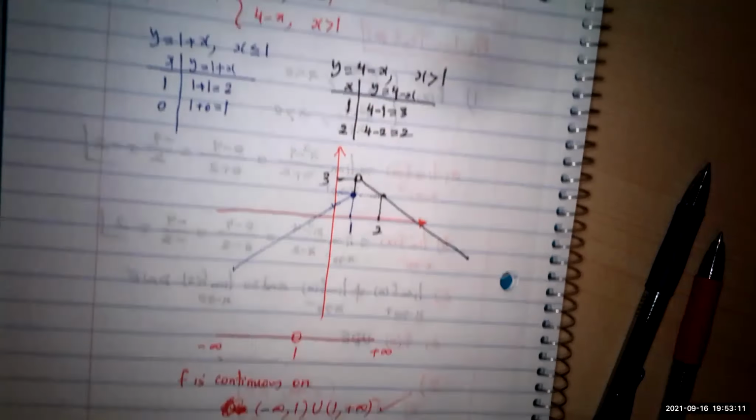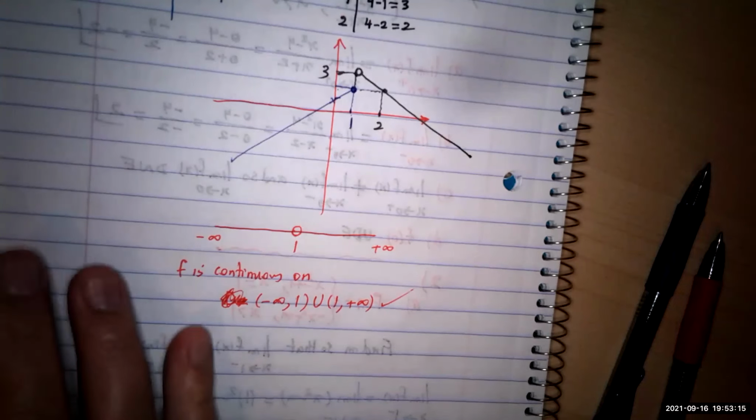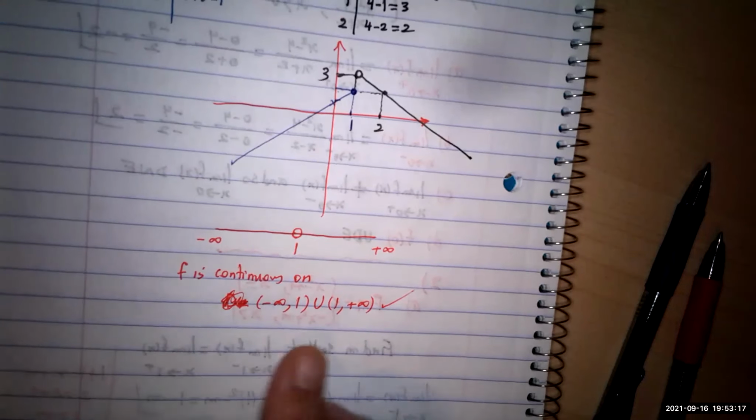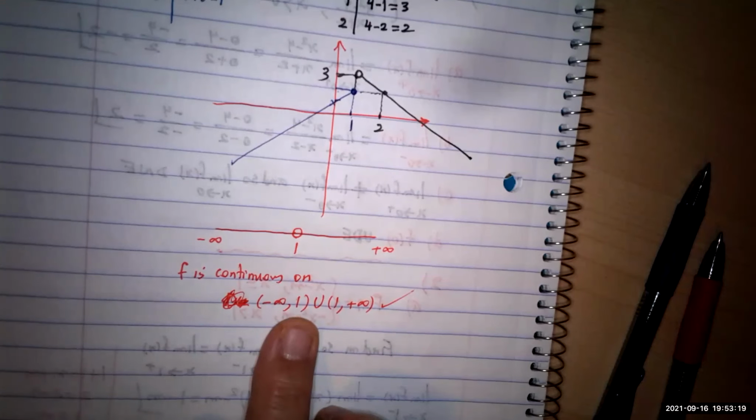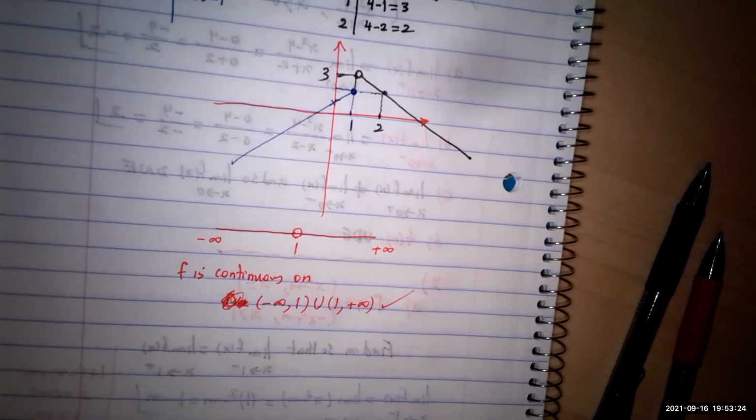But the question is, is this function continuous? If this is continuous everywhere, then you can cover the 1. But it's not continuous at 1, so that's why we don't cover it. Any question? Make sure you know the difference between these two that I'm talking about.